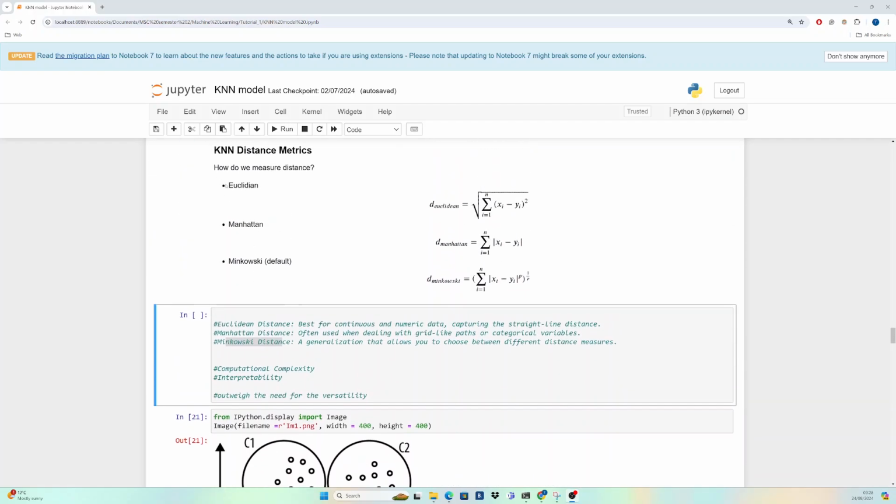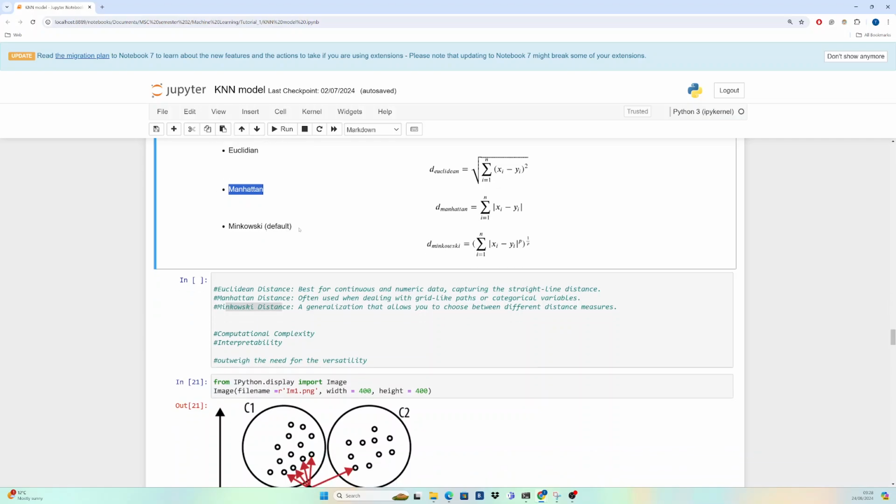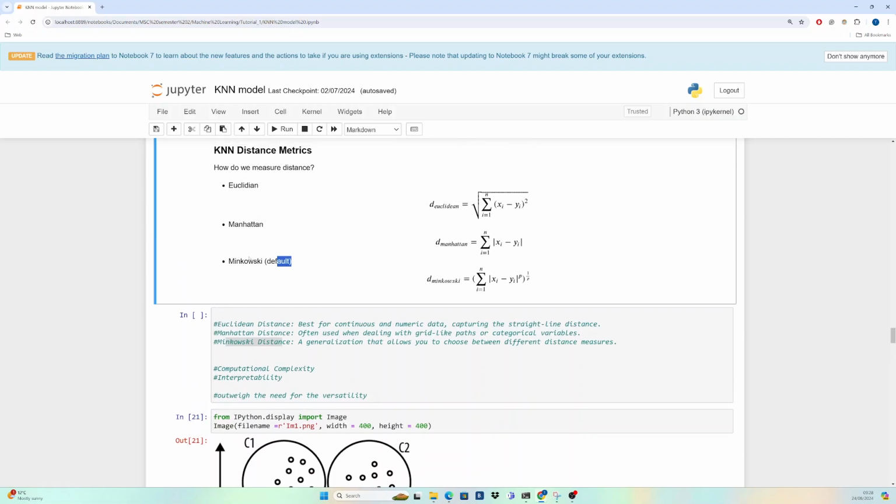And now there are different ways of measuring the distance. This is more detail than I think is required. Minkowski is basically the distance between these two. It takes these two into consideration to measure the distance. Why it's the default, but why you might not always use it, is a question I asked.